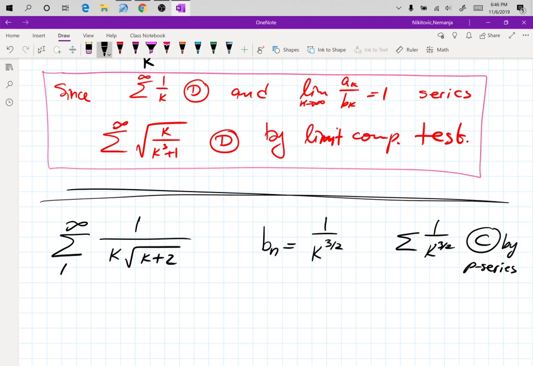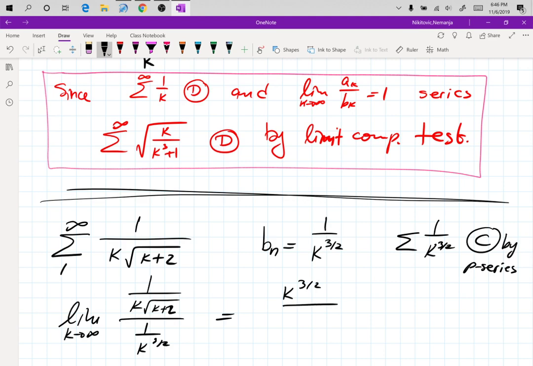Awesome. So all I need to do is to work out the limit. k goes to infinity, 1 over k square root of k plus 2 divided by 1 over k to the 3 halves. This is going to be k to the 3 halves divided by k times square root of k plus 2. One of the k's will cancel. We'll get k to the 1/2 left.